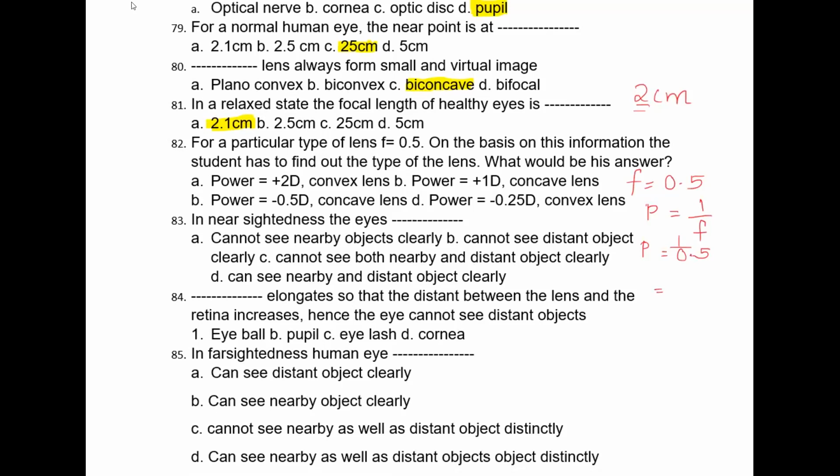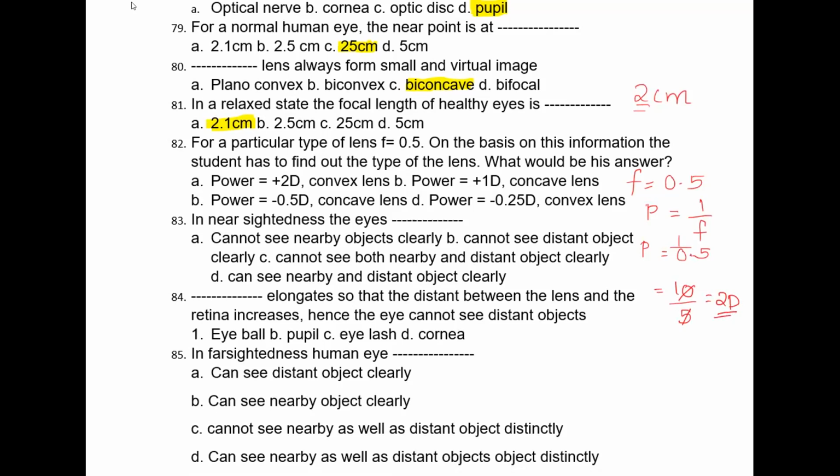To remove the decimal, multiplying numerator and denominator by 10, we will get 10 upon 5, that is equal to 2 diopter. So we got the power of the lens as positive. If the power is positive, the focal length of a convex lens is positive. So let us check the options.